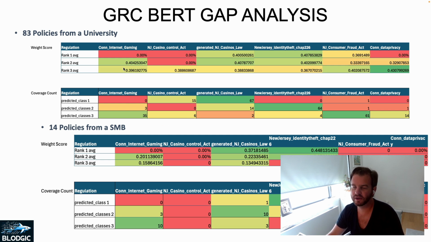At the top, we've got an example of policies from a university, which included 83, so pretty deep. And then another small, medium sized business with just 14 policies.